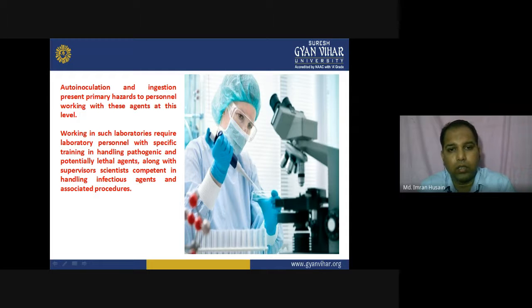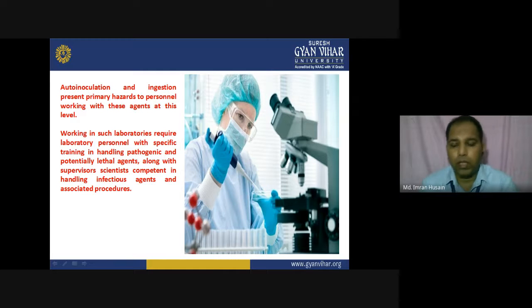Working in such laboratories requires laboratory personnel with specific training in handling pathogenic and potentially lethal agents, along with supervisors and scientists competent in handling infectious agents and associated procedures.